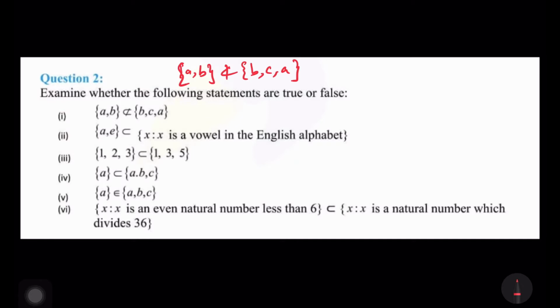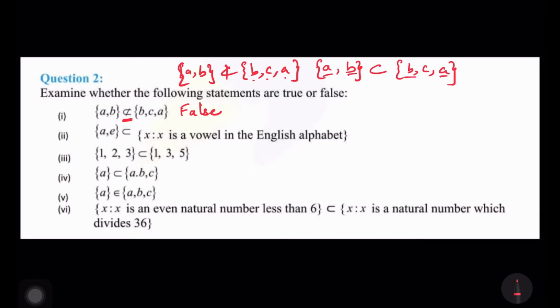Whenever you're writing, A, B, C are elements of any set, right? If you're writing within the braces, this becomes a set. So this will definitely be a subset of a set which consists of these elements, isn't it? A, B is in the set. So therefore it is a subset. But what is given in the first statement is not a subset. So therefore this is a false statement.